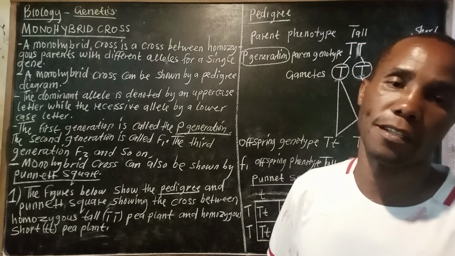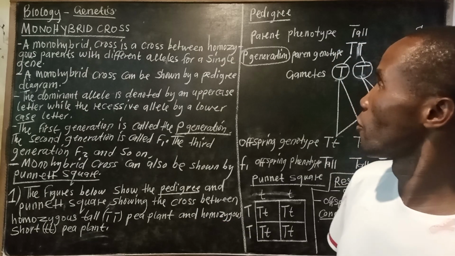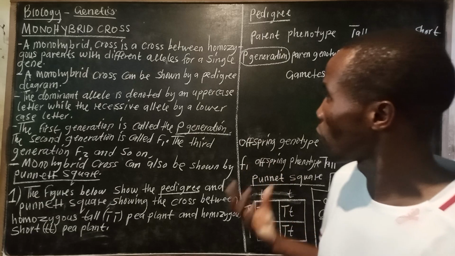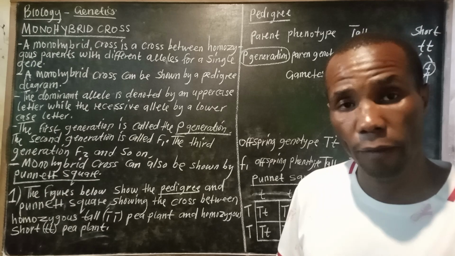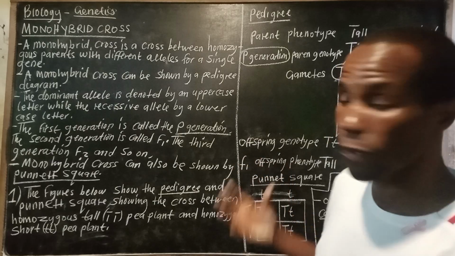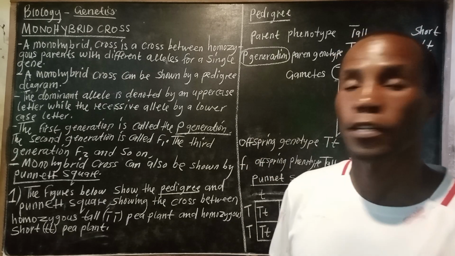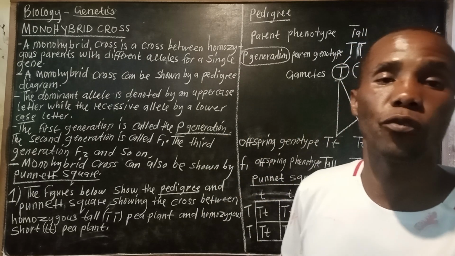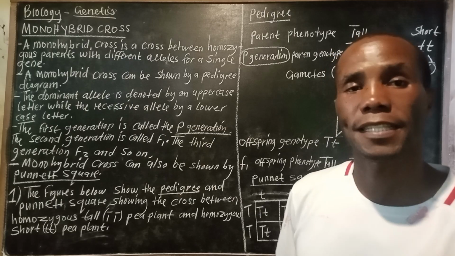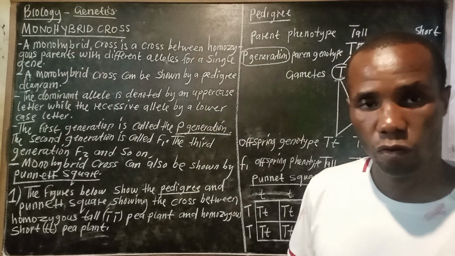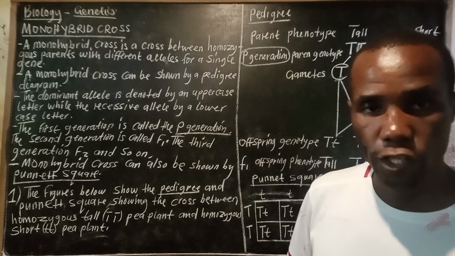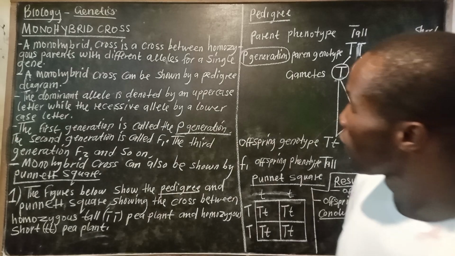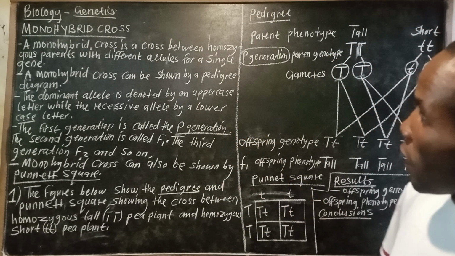You know what it means when we say homozygous, because when I introduced this topic, I did mention that for you to understand it well, you first need to understand the biological terms, which we did. Now we go to the next point.